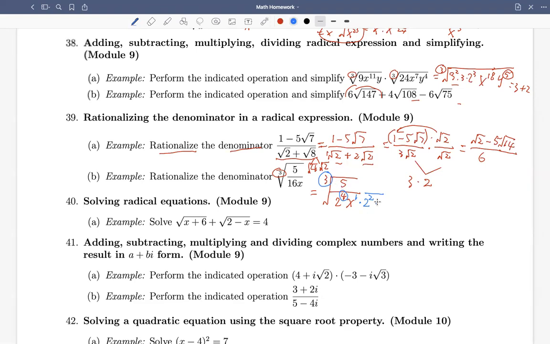What about the x term? I need x squared, because x raised to 1 times x squared is x cubed. So 3 is a multiple of 3. This is what I need in the denominator to be able to rationalize the denominator.